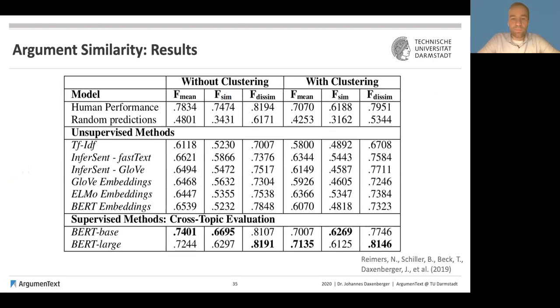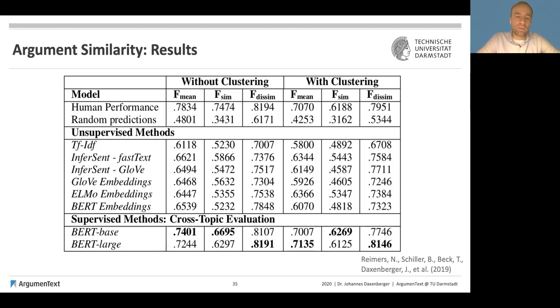Here are the numbers. You can see that in the lowermost two columns, that is our model using the supervised methods, again in a cross-topic fashion, which means that we test on topics that haven't been seen during training. So this is a quite realistic score, basically the score that you would expect when you apply this to unseen data.